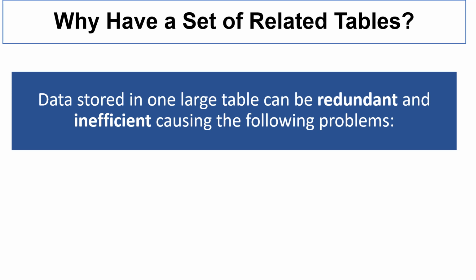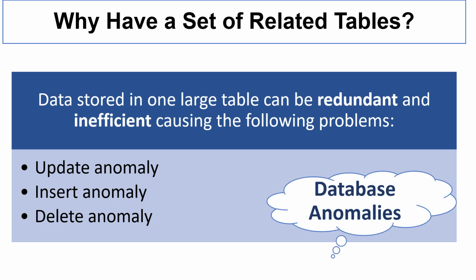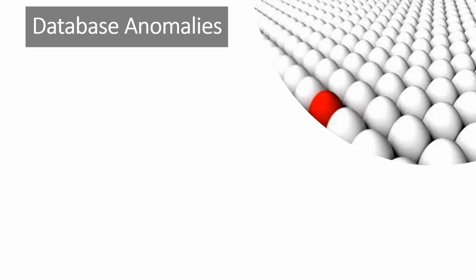The answer is that data stored in one large table can be redundant and inefficient, causing what we call database anomalies. There are three types: update anomaly, insert anomaly, and delete anomaly. So let's take a deeper look into the database anomalies issue.